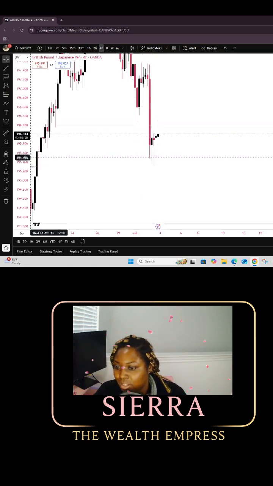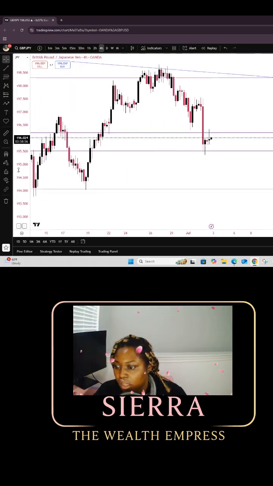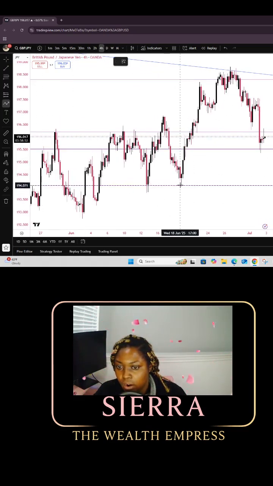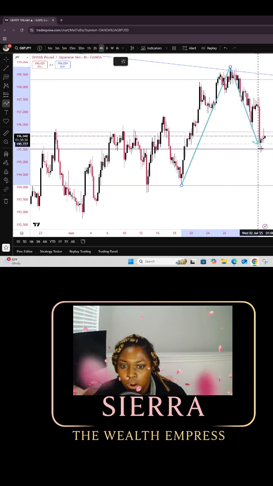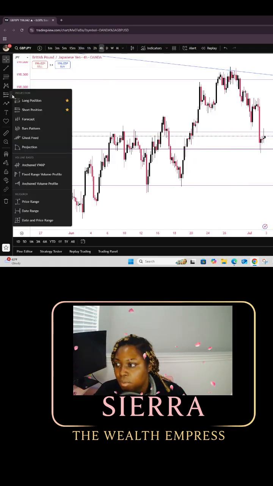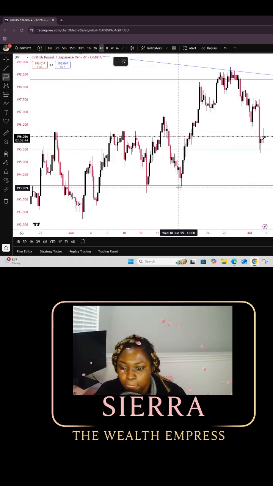So this is what made me get into this buy. I got into a buy at the zone, and then we also have our impulse, our correction, and then I'm looking for continuation. So I put my fib on here.